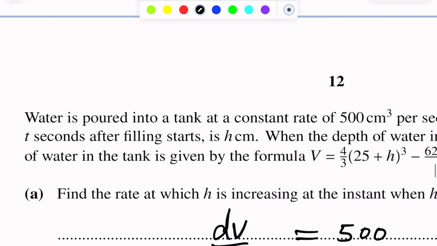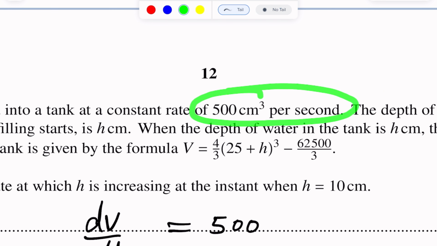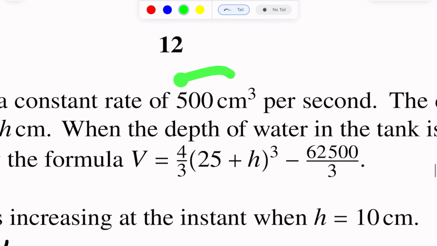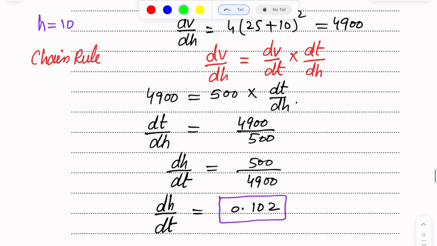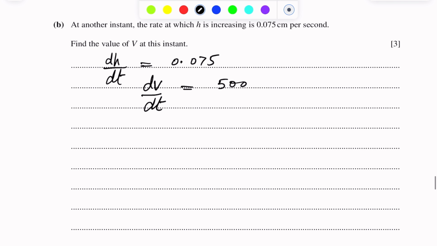The rate of change of volume is given at the start of the question. dV over dt is given, that is 500.